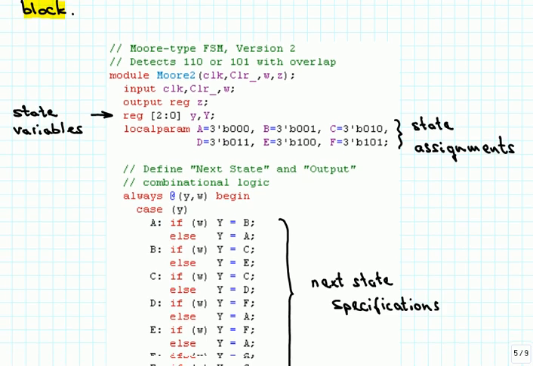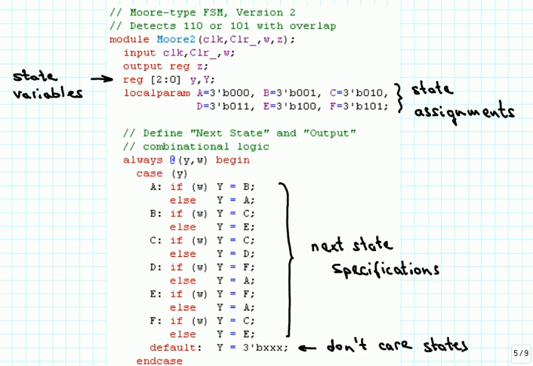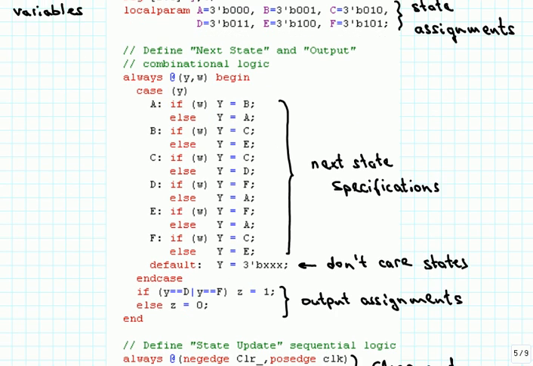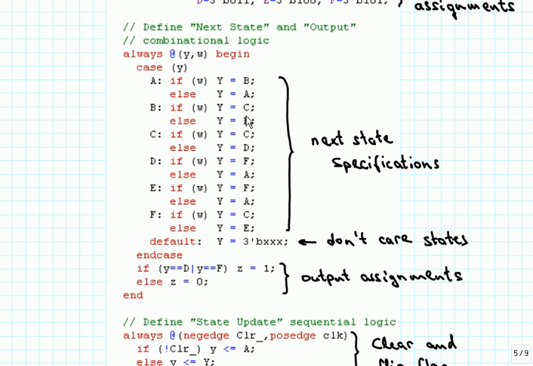So the definitions are the same as we had before. We have the clock, the clear, the W as input, the register C as output, and we have the 2 state variables, little y and capital Y. The state assignments are the same as before. And the next state specifications are exactly identical to what we had before.